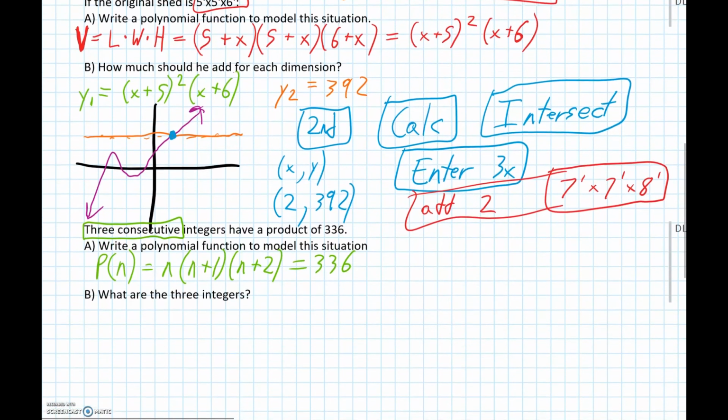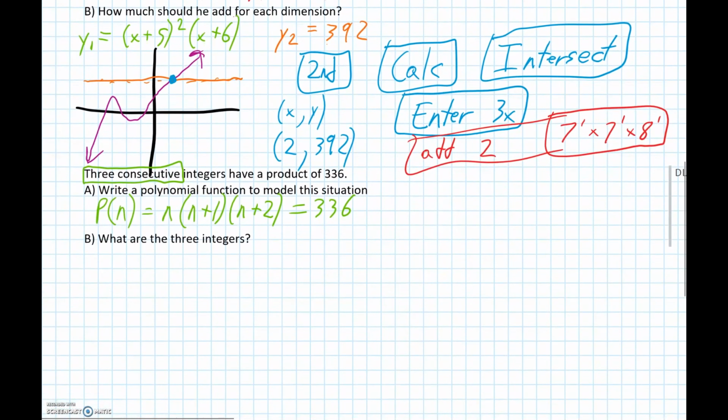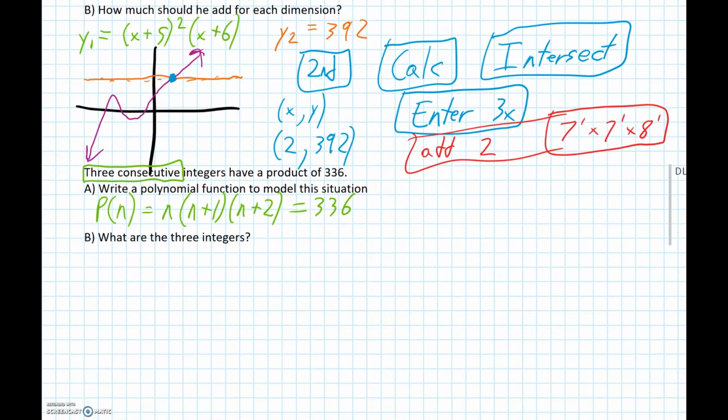Okay, so again, we can solve it just like we did in the last question, right? Where we simply go y1 equals n times n plus 1 times n plus 2, and y2 equals 336.